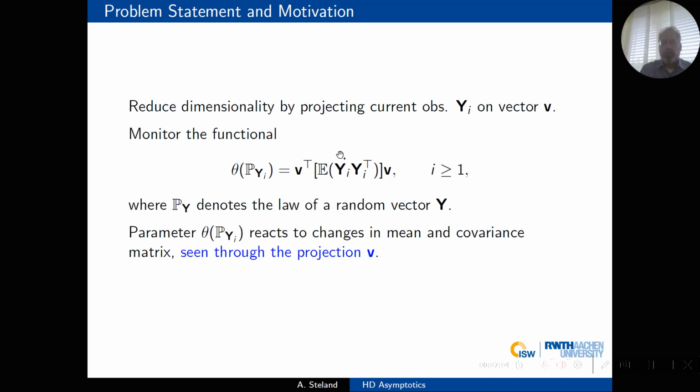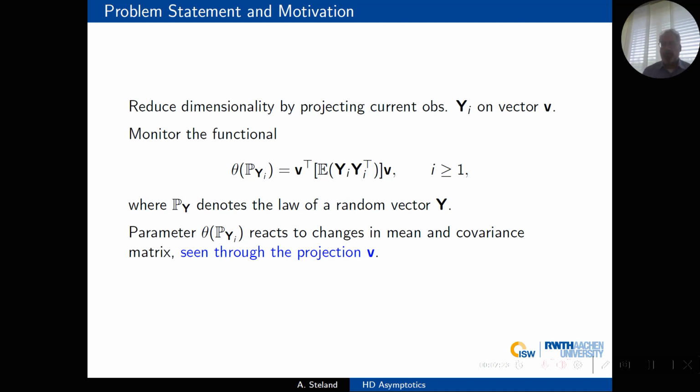And the idea here to monitor the matrix of second moments is that this matrix reacts to changes both in the mean and the covariance. And usually changes take place primarily in the mean and in the covariance matrix.